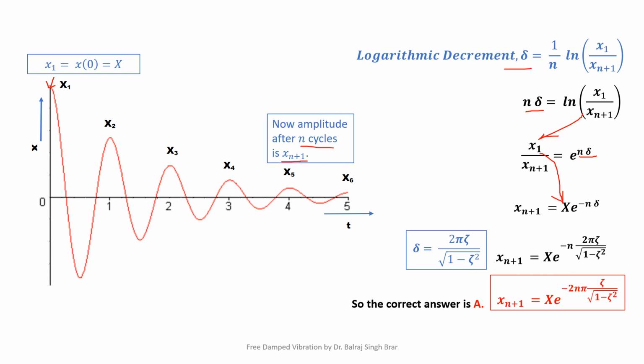We know delta is 2 pi zeta upon under root of 1 minus zeta square. We put delta here, amplitude after n cycles, n plus 1th amplitude becomes X e raised to power minus n 2 pi zeta upon under root of 1 minus zeta square, which on solution gives capital X e raised to power minus 2n pi zeta upon under root of 1 minus zeta square, which is the first choice as given in the problem.